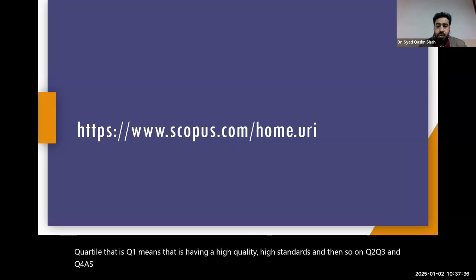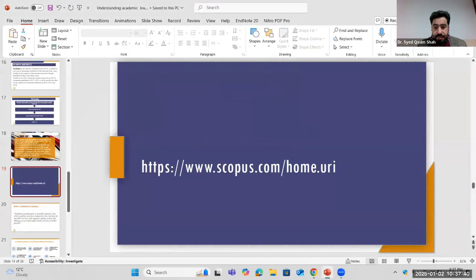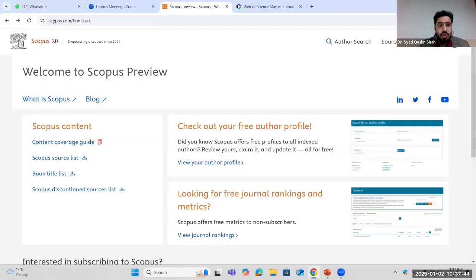Now we'll go to the Scopus website and check the different things. This is Scopus. When I open the Scopus home page, I will find this screen, right? Either we can search for authors, or we can go for sources.